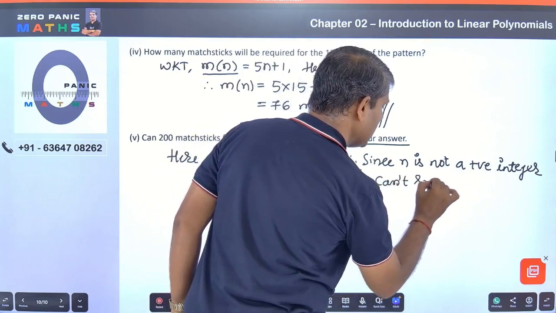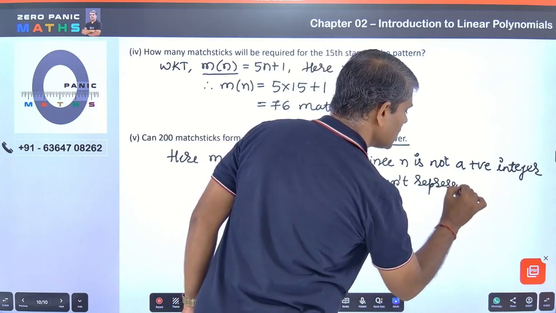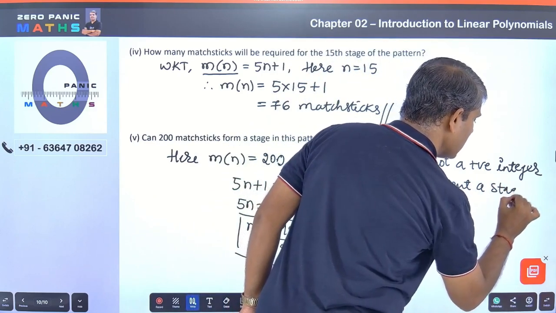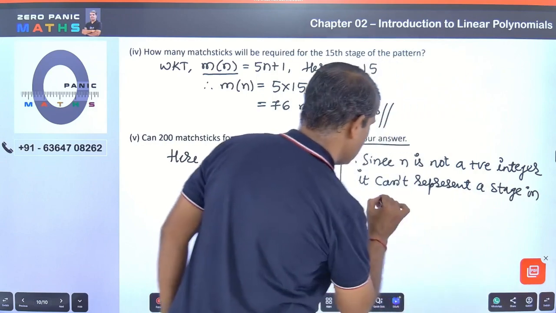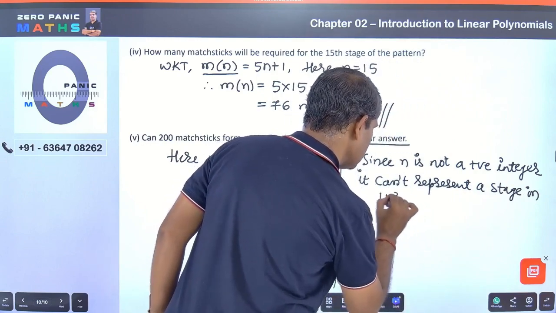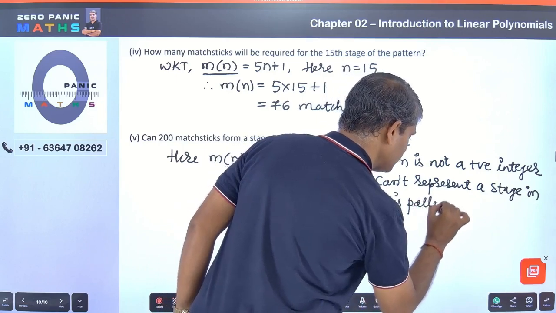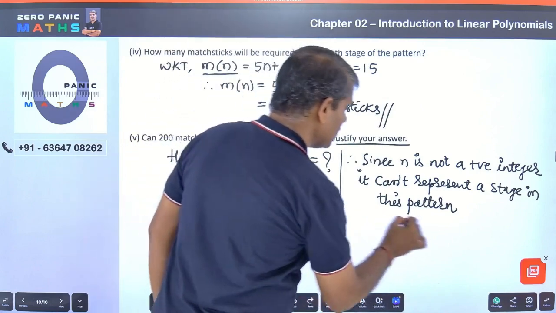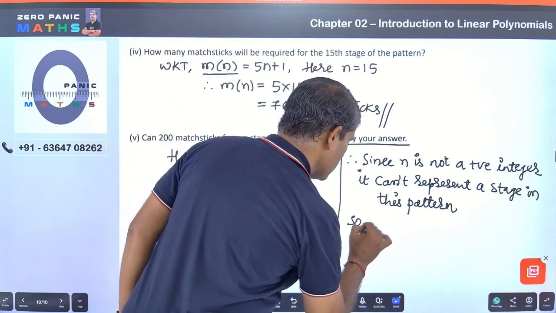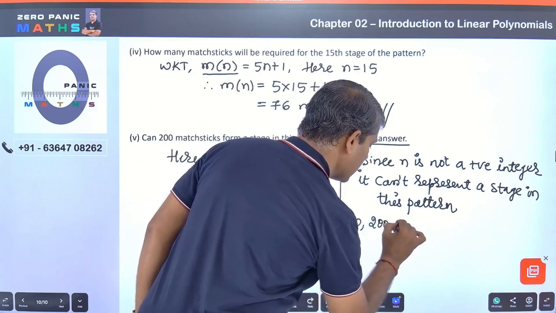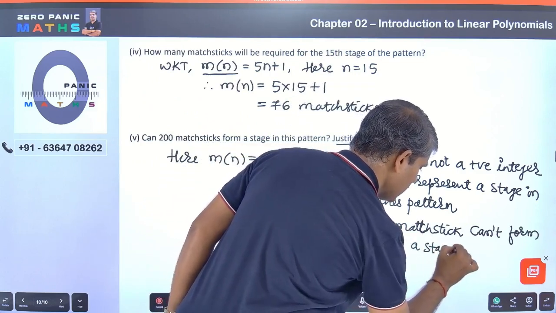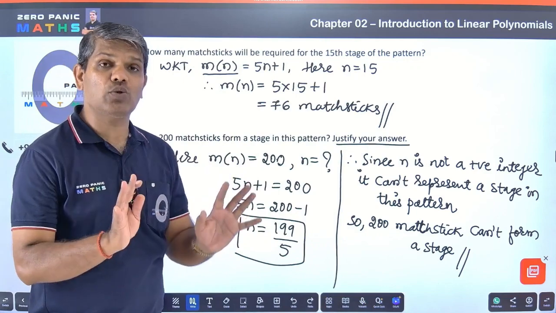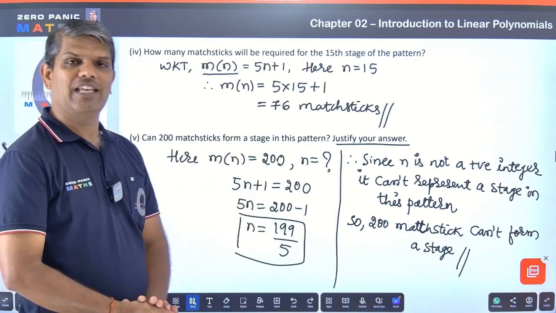Understood? So 200 matchsticks cannot form this pattern. Using 200 matchsticks, we cannot form any stage.